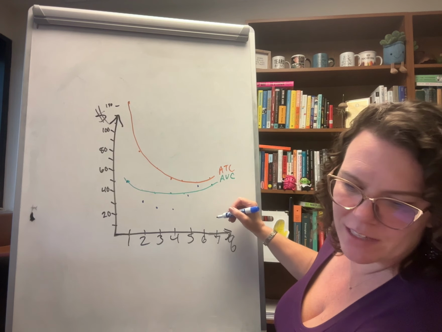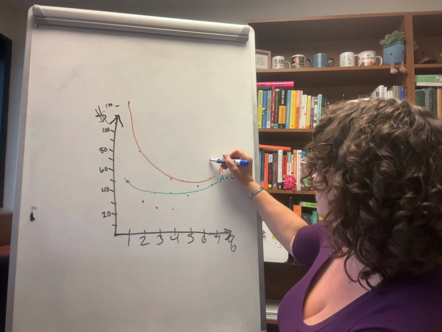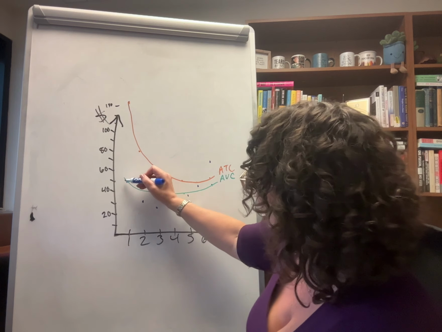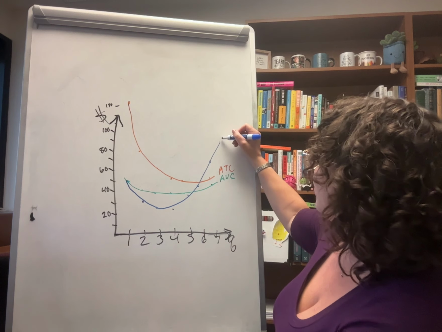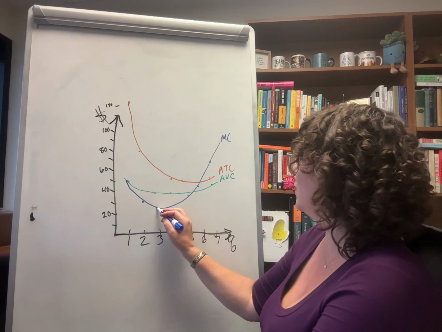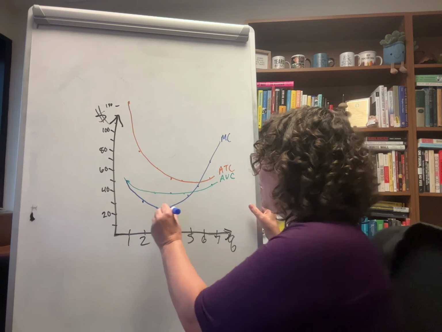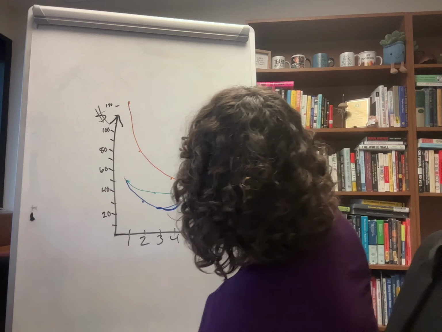And then at a quantity of 7, it's going to be higher than both at 59. So I'll put that right there. So that's our marginal cost curve. Pretty close. It goes a little bit more like that. There we go.